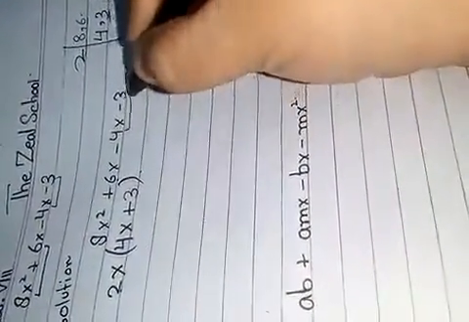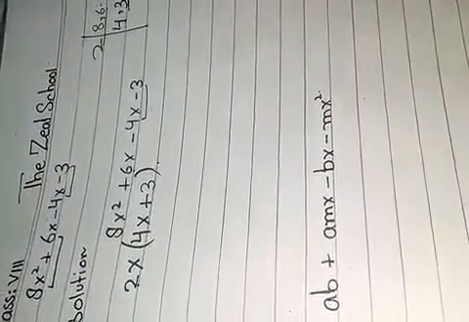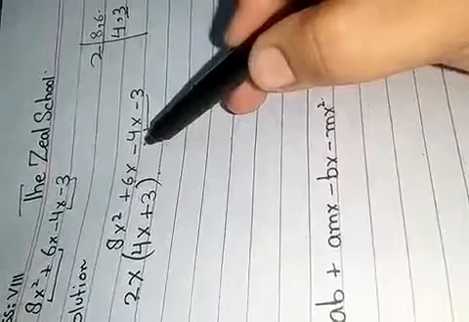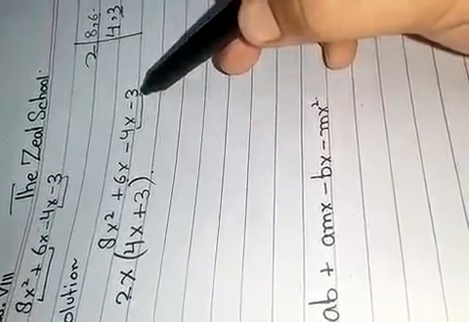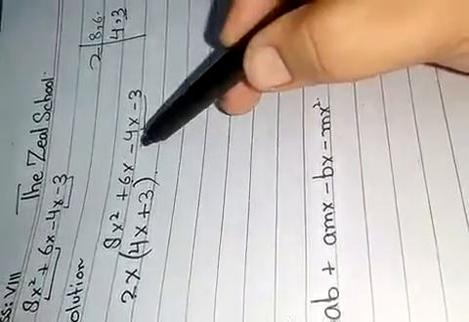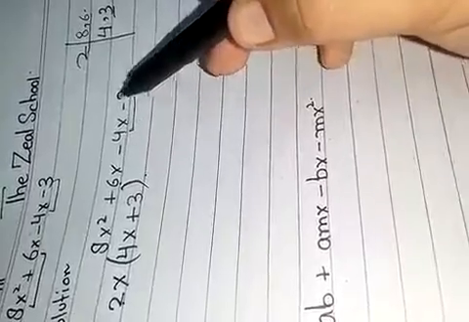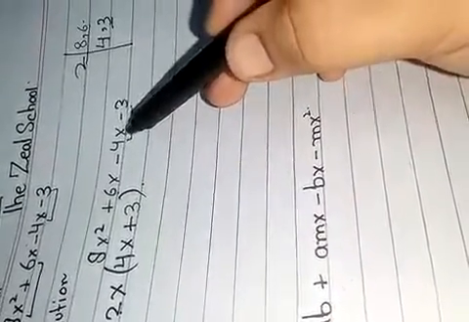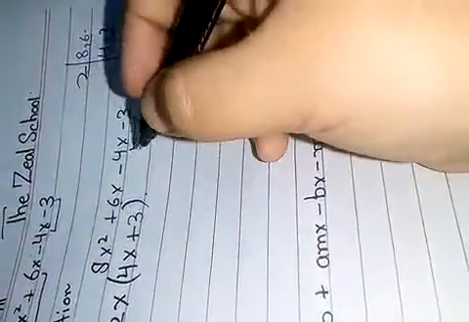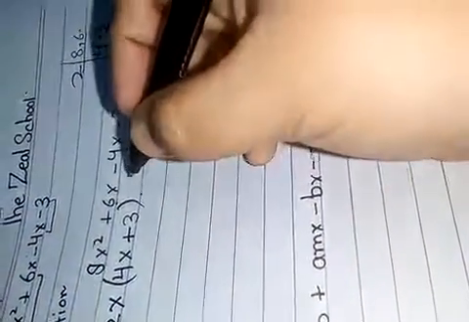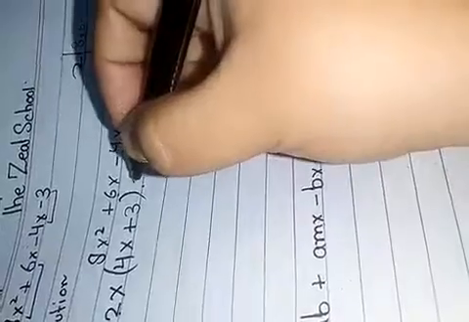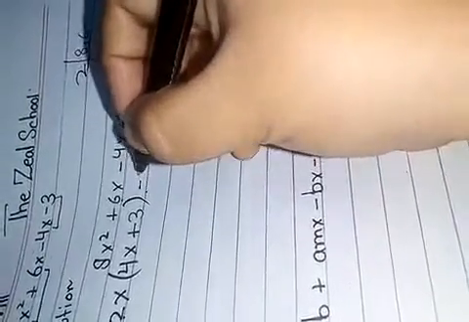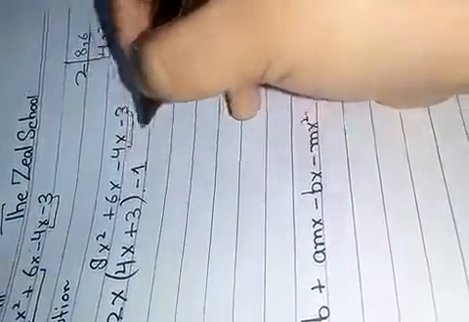Now we have to see the second two terms. Here we have 4x and here we have 3. So which is common? There is no common multiple in 4 and 3, and there is no common variable. So we take 1 as a common number. So we take minus 1 as common.